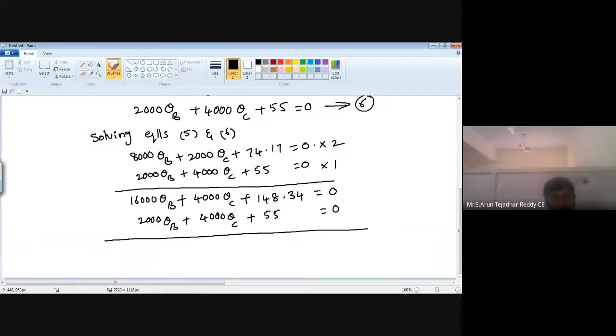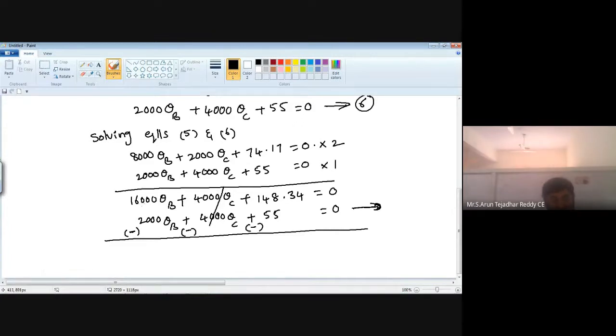Now this equation I'll multiply with minus. So it is minus. Now 4000 theta C minus 4000 theta C cancel.